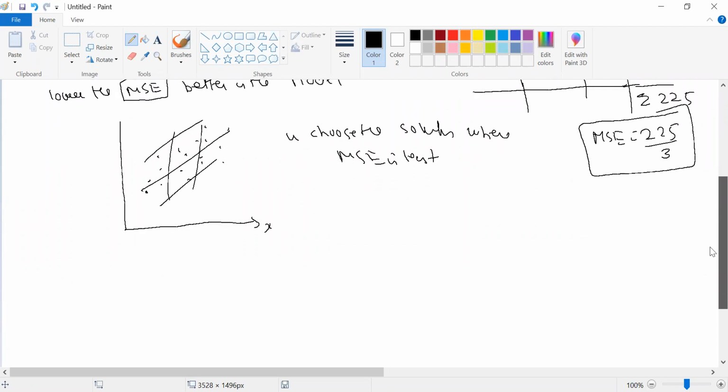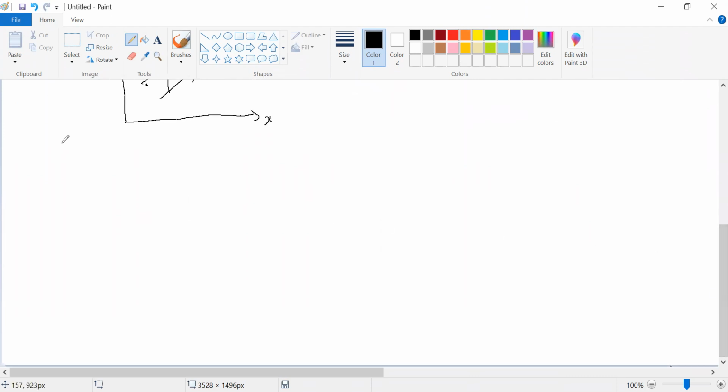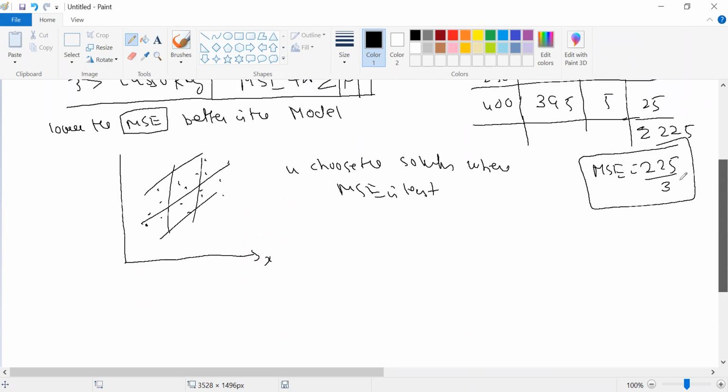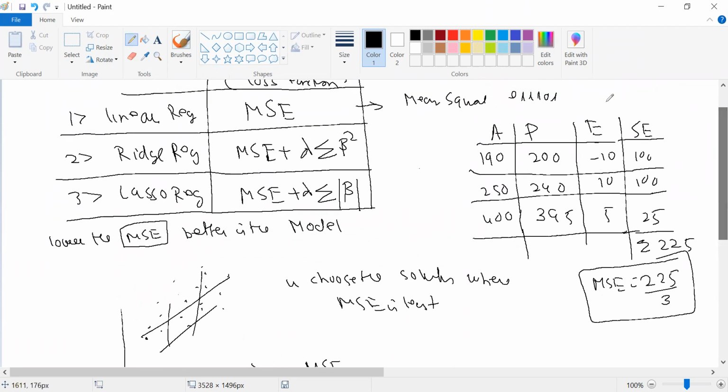Now the question is why we focus on MSE. Now I'm introducing a new concept. If you understand it, very good. If you don't understand it, not a very big problem, because I will discuss this concept again in neural nets. What is MSE? In MSE, do you notice I have taken a square? And purposefully I have added numbers which are minus 10 and plus 10.